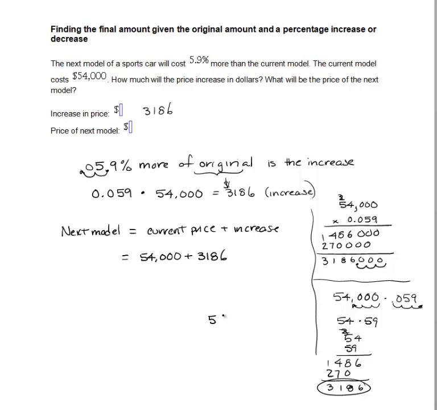So again, if I do the math here, 54,000 plus 3,186, so my new model is going to be $57,186. Right, so my new price is going to be $57,186.